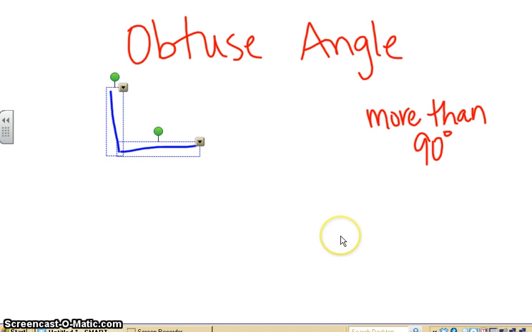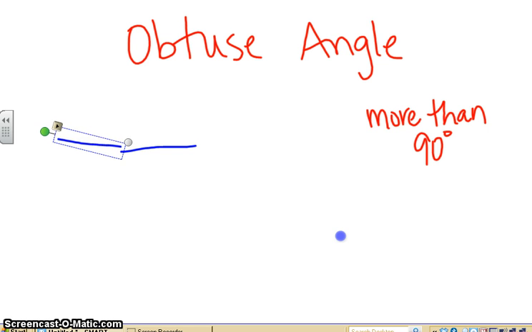So when I'm looking at an obtuse angle, I know that it's more. So that could be an obtuse angle because that's bigger than my L. That could be an obtuse angle, that's bigger than my L, and it's not quite down all the way to a straight angle. That could be an obtuse angle. So any of those can be obtuse angles because the angle is opening up.